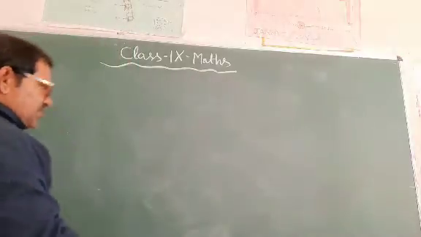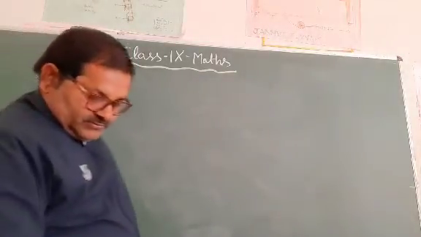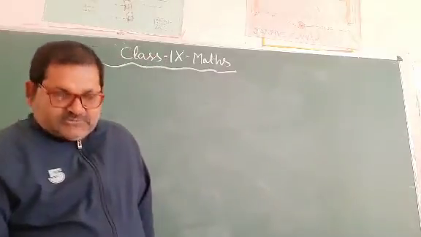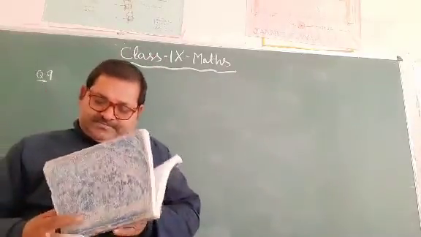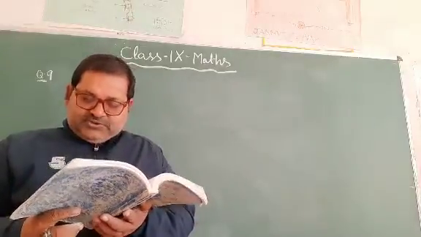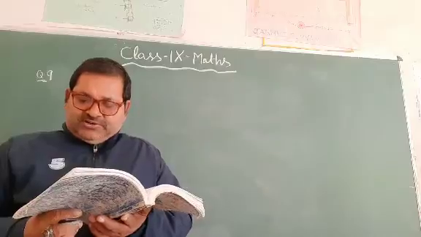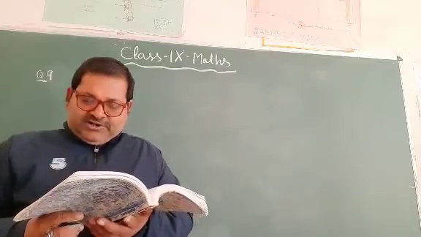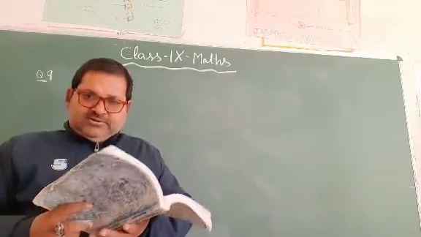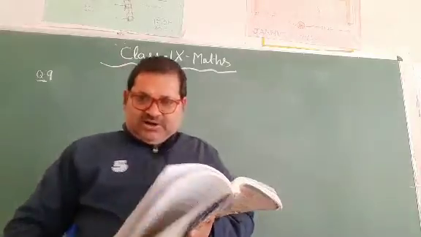Now the question number 9. The question number 9 is: a right circular cylinder just encloses a sphere of radius r.